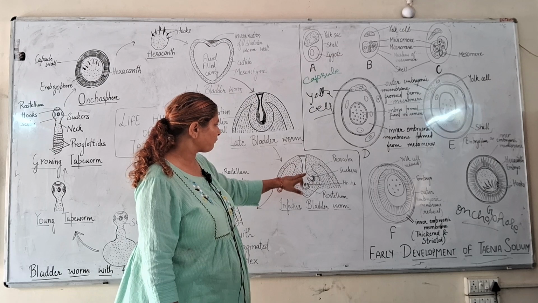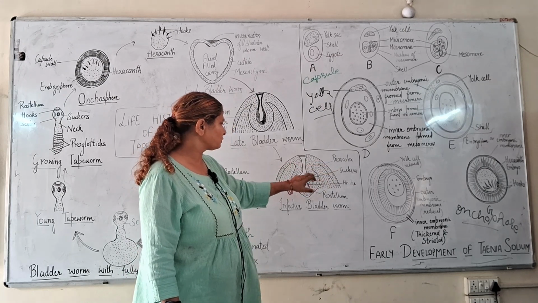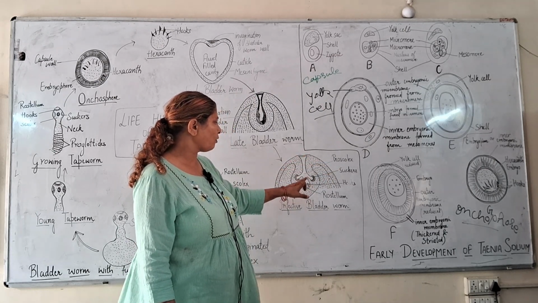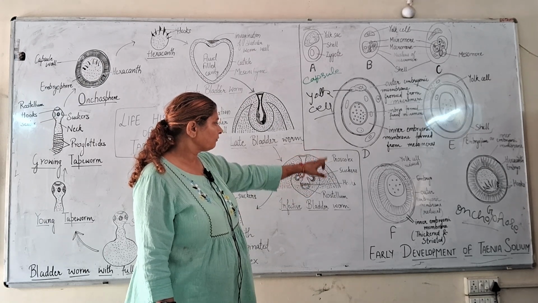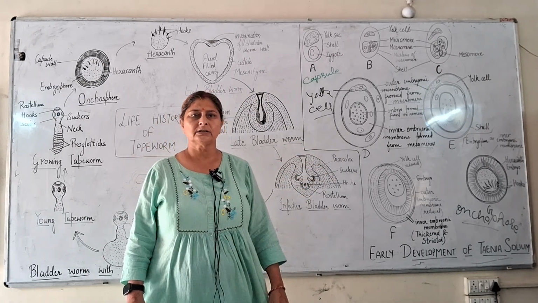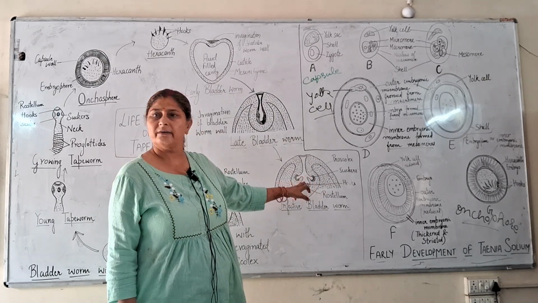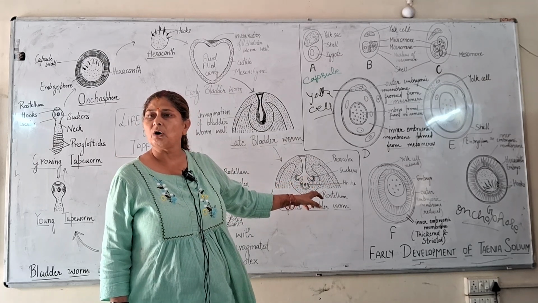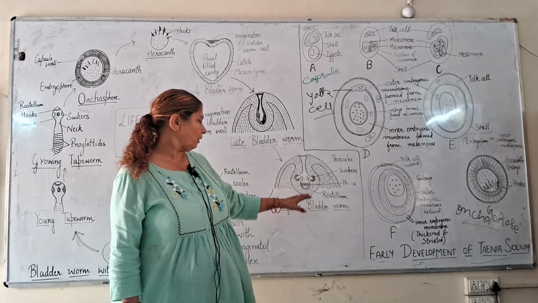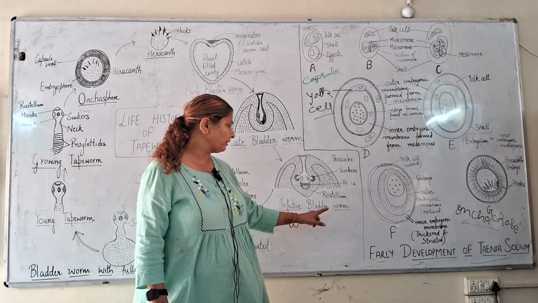These suckers are formed. Then this total structure is called proscolex. Why is it called proscolex? The scolex is like this on top, here it is inverted, so it is called proscolex. This is the infective bladder worm.